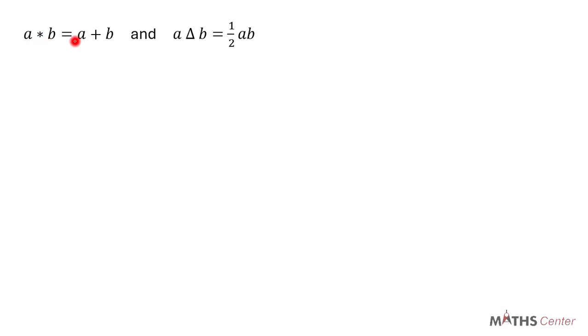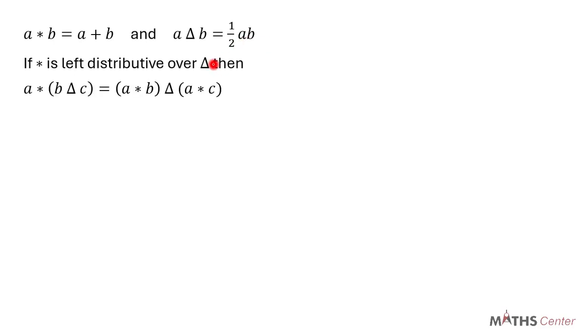A star B is equal to A plus B and A delta B is equal to half times AB. We have just learnt that if star is left distributive over delta, then A star (B delta C) will be equal to (A star B) delta (A star C). So we are going to compute what we have on the left hand side, then we compute what we have on the right hand side, and after that we will compare them and see whether they are the same.